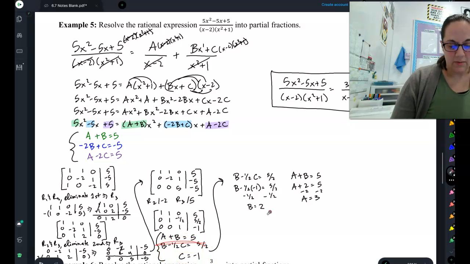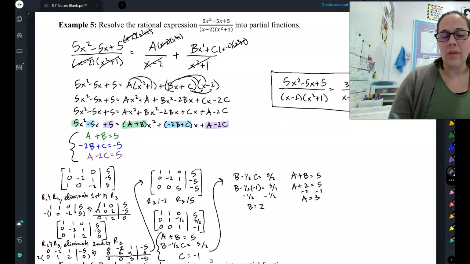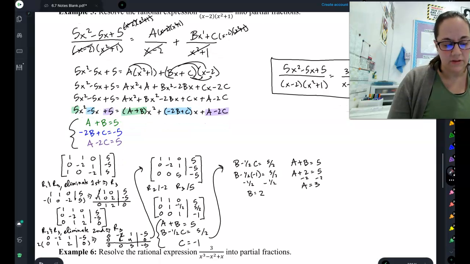I can plug that into the middle equation to solve for B, and plug B into the top equation to solve for A. And then once I have my system solved, I just plug this back in for A, this back in for B, and this back in for C. And there we go. Once again, I think that's our hardest system of equations to actually solve today.